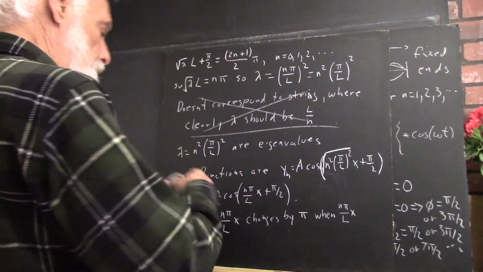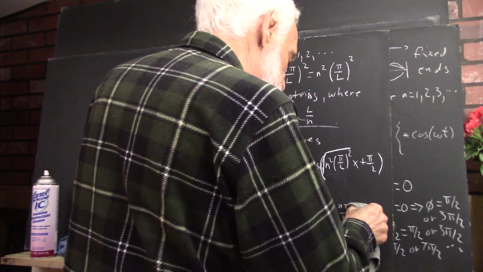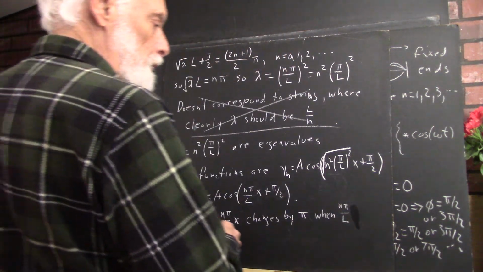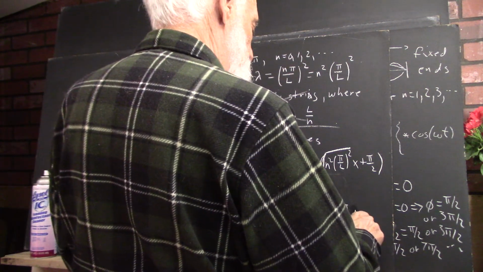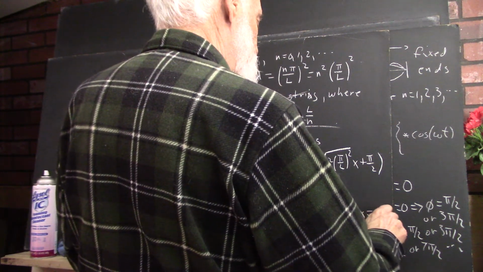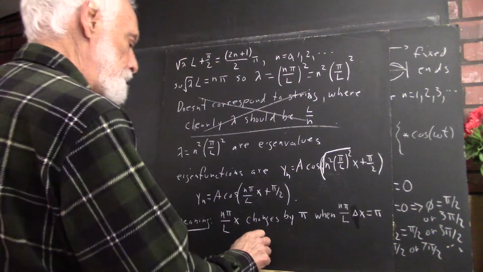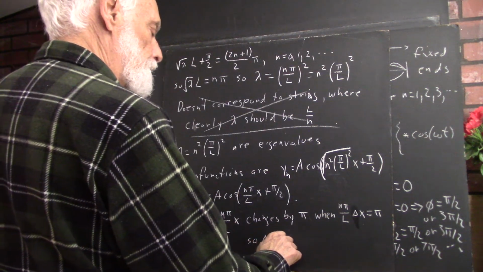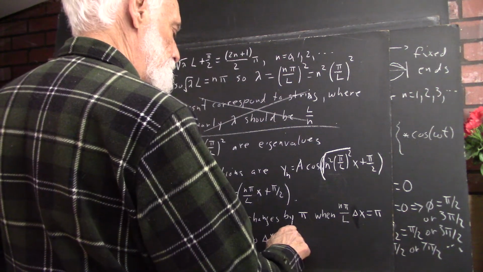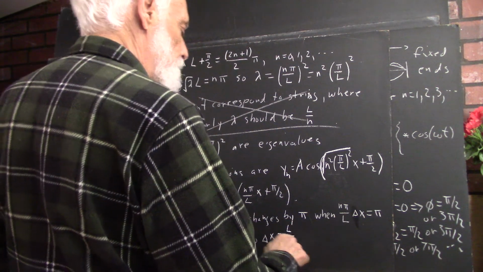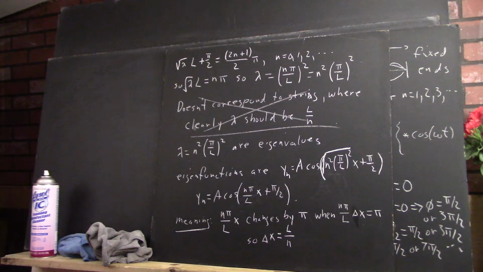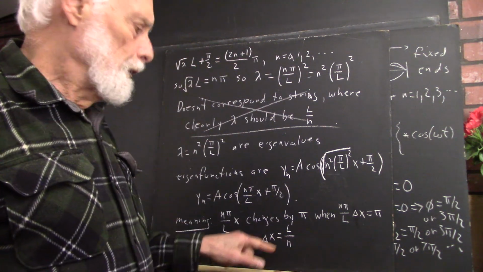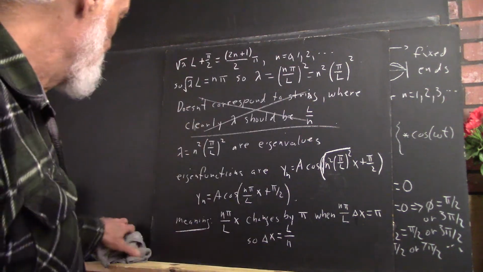Let me write it this way, and again, think before I write. When n pi over L times your change in x equals pi, so that your change in x should equal L over n. Okay? And that's exactly what happens up here.